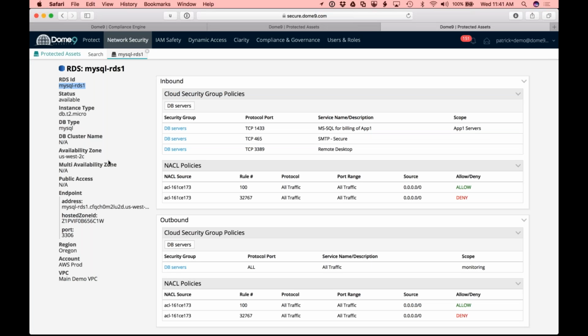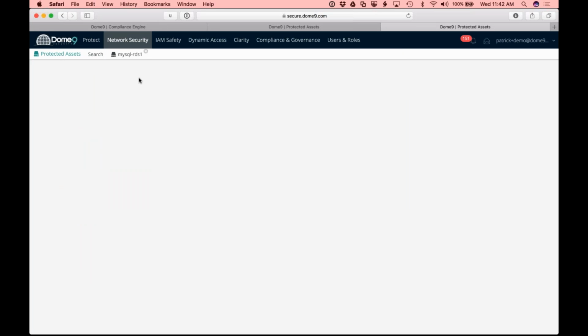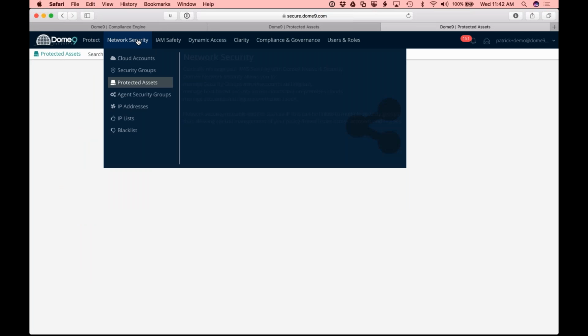We can get a full status of where it resides, in which account, which region, which VPC. We can learn which security groups do protect it, for example, and get a deeper dive into the configuration of such. Within the network security menu drop-down, we can actually get this view in a different way as well, in a more aggregated way. We can choose protected assets.